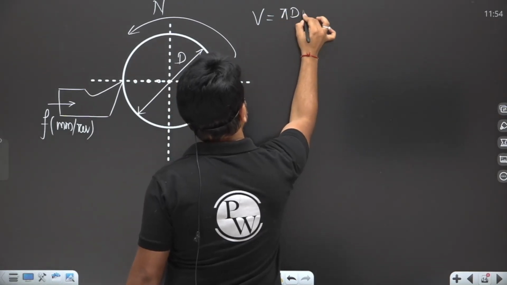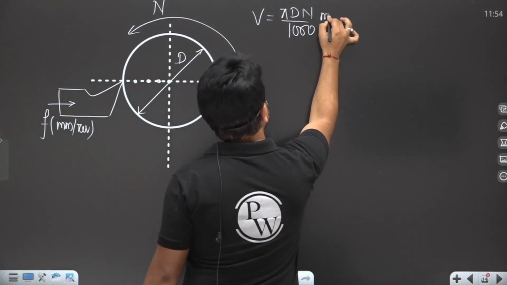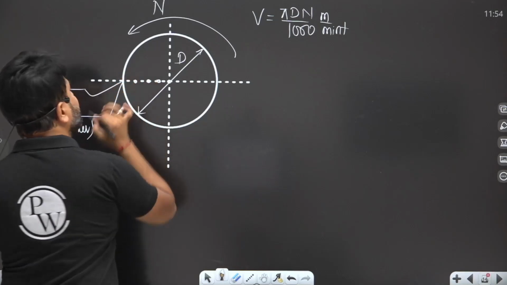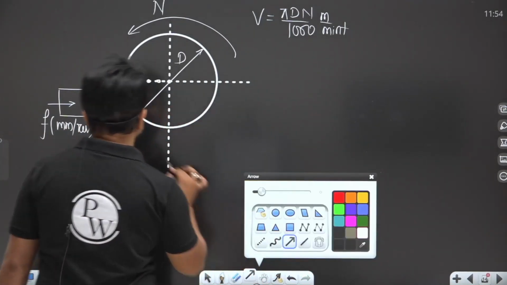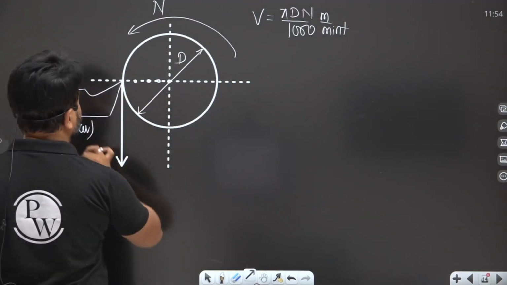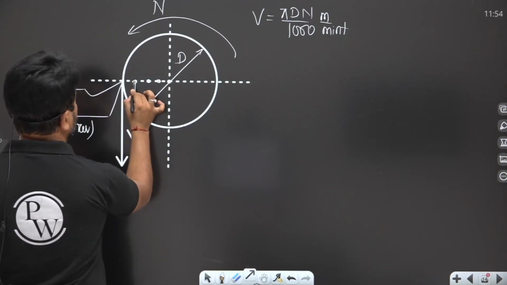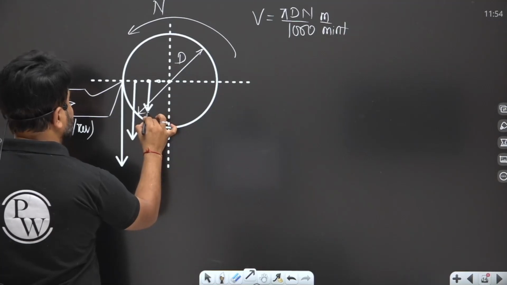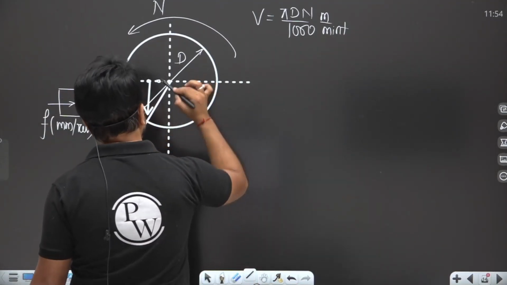Now the interesting fact which I am going to tell you here: the cutting velocity v equals pi d n divided by 1000 meter per minute. At the periphery the diameter is maximum, so at the periphery the velocity is maximum. If the tip of the tool comes inward, the diameter reduces, and the speed decreases.